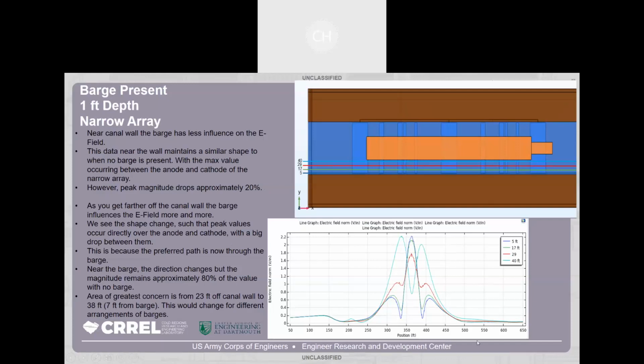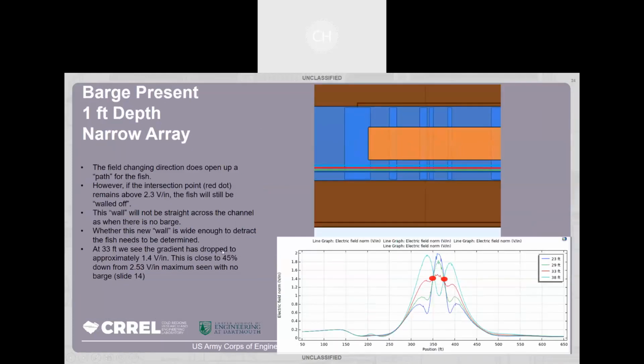And you can see it drops by about 45% of the value. So whereas when there was no barge present in that area, across through these electrodes, you get a field strength of around 2.53. And so the biologists tell us 2.3 is their number that they like to see.